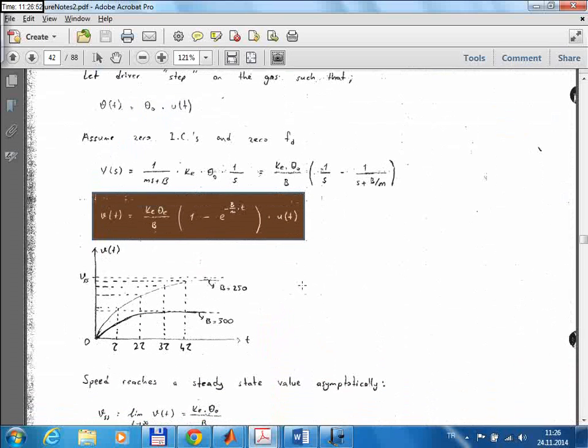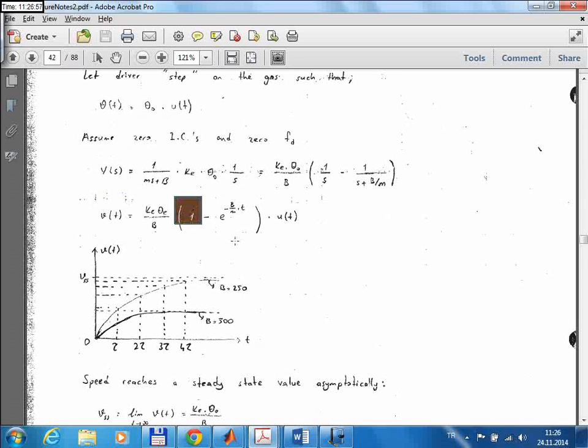Well, before plotting the response in Matlab, I think it's a good example to think about how this function changes.